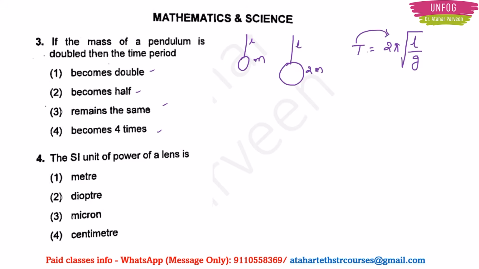So even though the pendulum mass is doubled, the length is not varied. It is the same. In that case, the time period should remain the same, because it does not depend upon the mass. So the time period is not at all depending upon the mass of the pendulum. So option 3 will be the correct answer here.